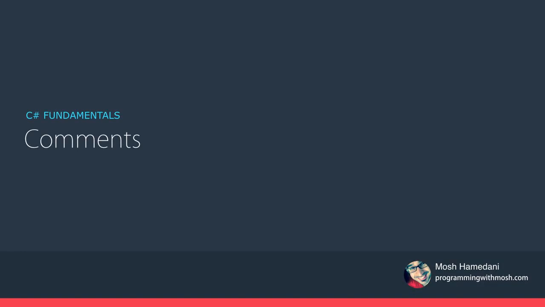Okay, so we got to comments. A comment is text that we put in our code to improve its readability and maintainability. In C# we have two ways to write comments.